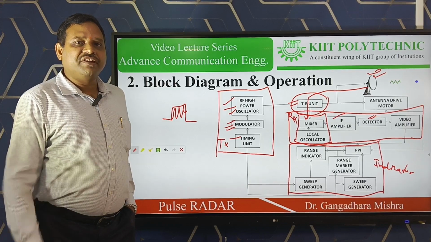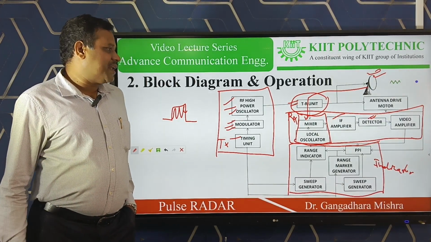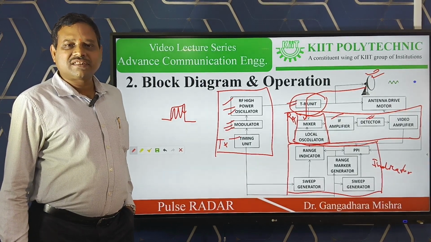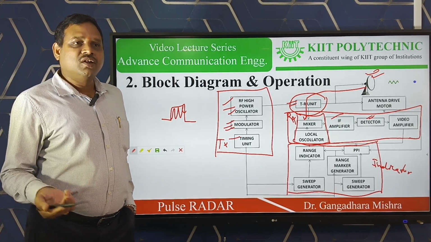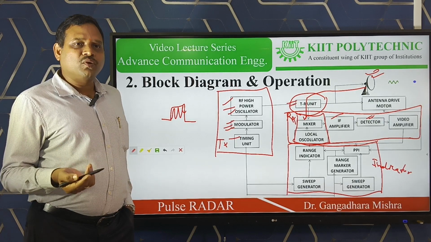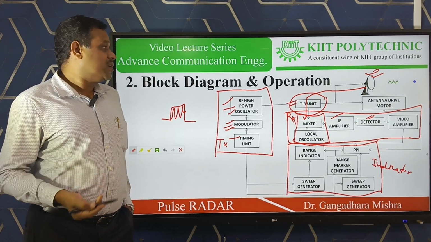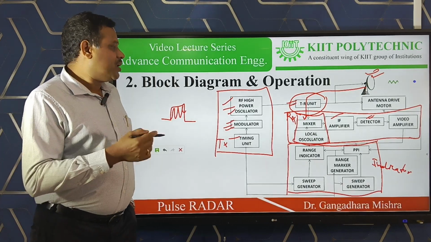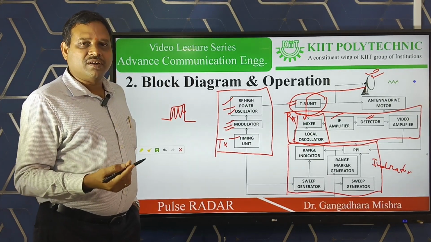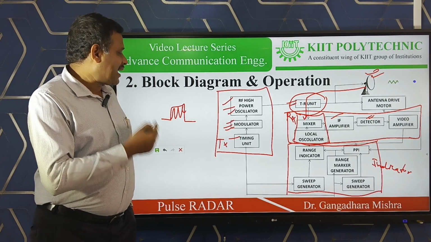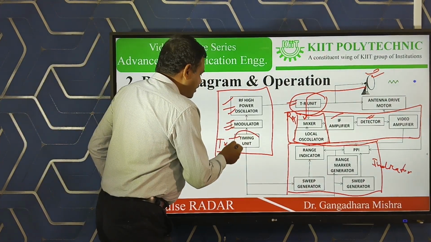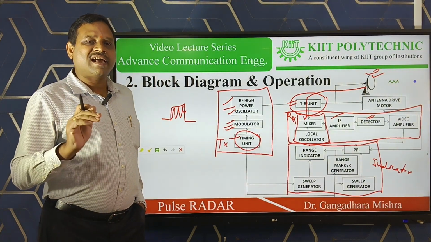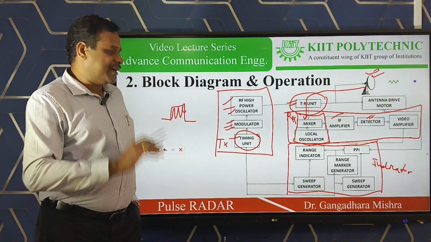Again, here we need a small trick, because our transmission signal and the receiver signal must be synchronized. So how do we synchronize both the transmitter and the receiver section? For that, we need to pass a channel from the transmitter to the receiver, which takes the timing unit signal, so that our common signal is taken as the reference for our indicator.